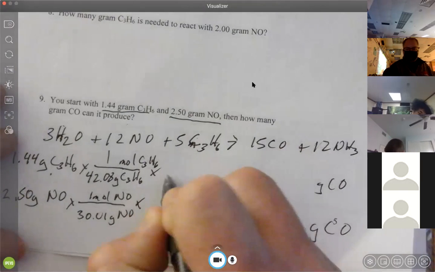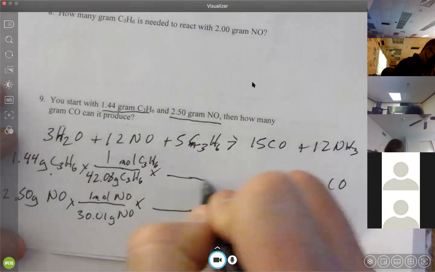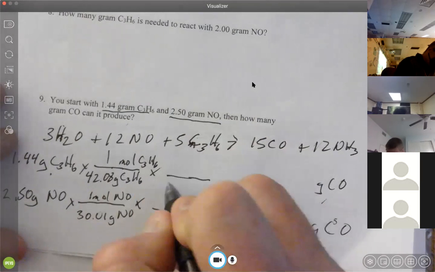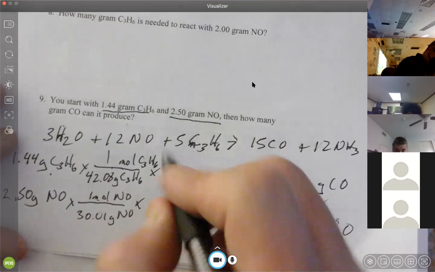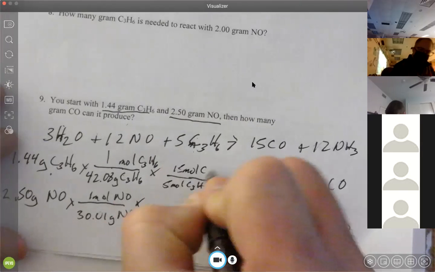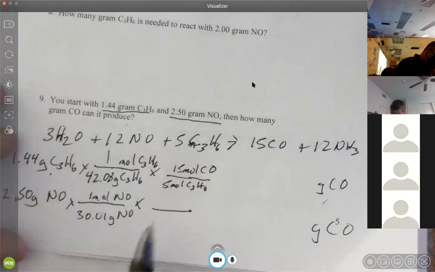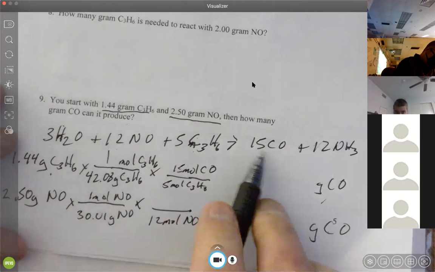We want to figure out grams of carbon monoxide for both of these. So every 5 moles of C3H6 is 15 moles of CO. And every 12 moles of NO is 15 moles of CO.